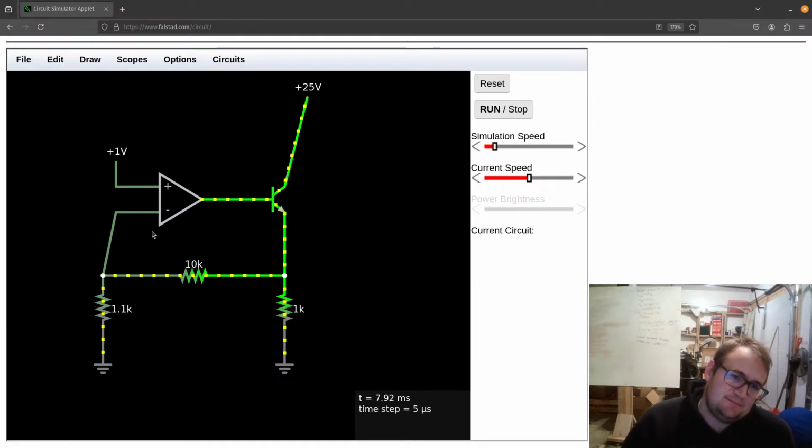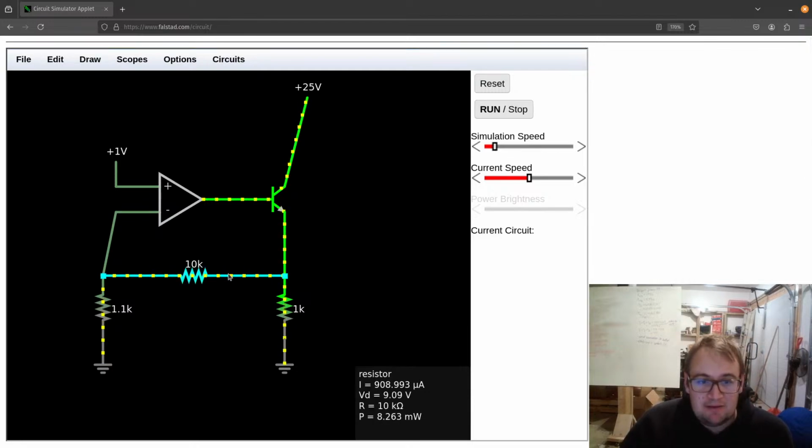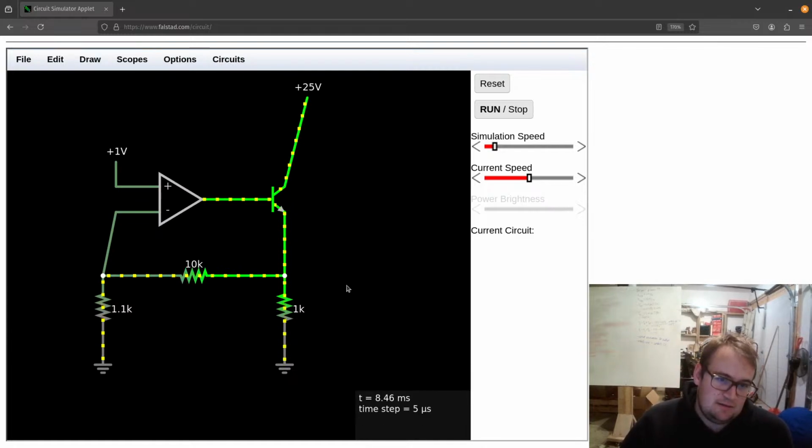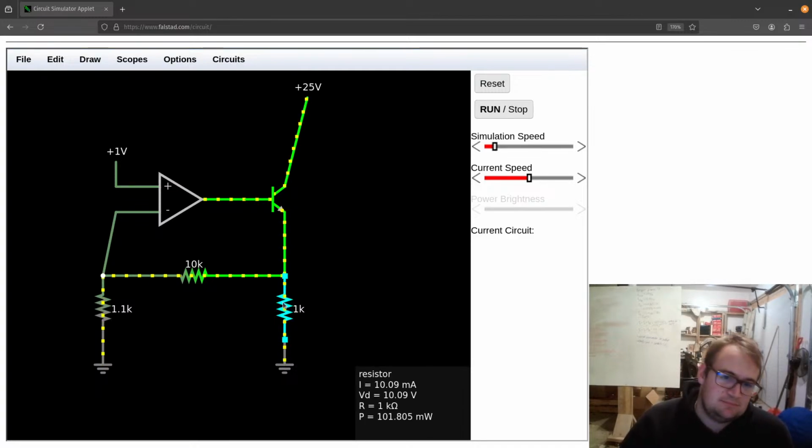That means there has to be a milliamp going through this 10K, because no current flows into the inputs of op amps. So that means we have 10 volts dropped across there, and then there's about 10 volts here. So if there's 10 volts here, that means there's 10 milliamps going down here.